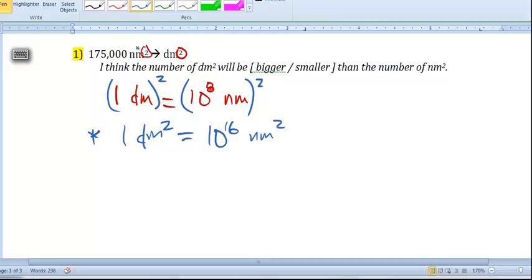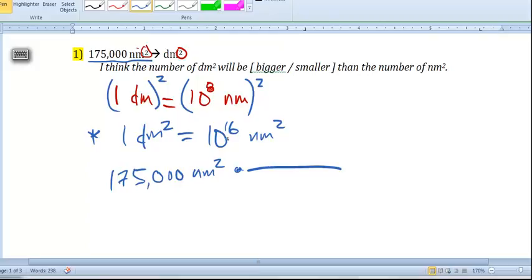Okay, so now we have our working equivalent statement. So now let's apply it to the problem. Again, we start by writing what we know. We have 175,000 nanometers squared, and that's a multiply, and we're going to do a conversion.